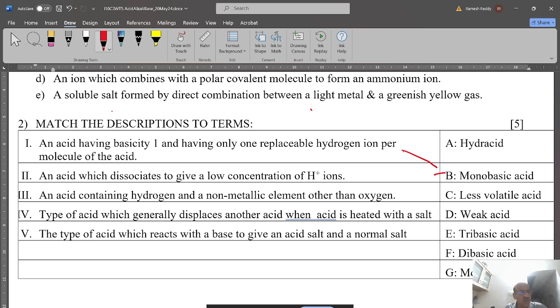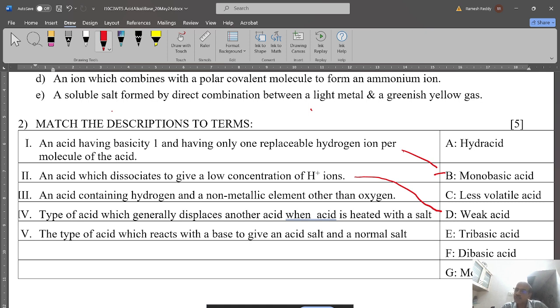Any acid which gives a low concentration of hydrogen ions is what? It is a weak acid, because it is giving low hydrogen ions. High hydrogen ions means it is a very strong acid. For an acid like HCl, if I take 100 molecules of HCl and put it in water, it immediately dissociates and gives me 100 hydrogen plus ions, which convert into 100 hydronium ions.